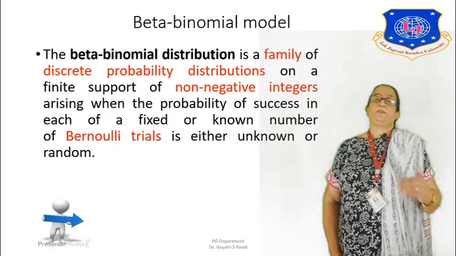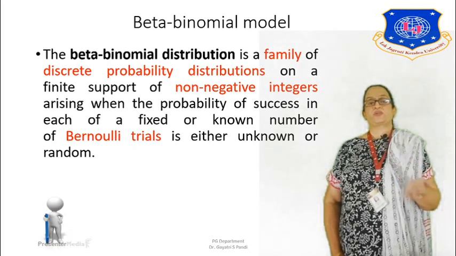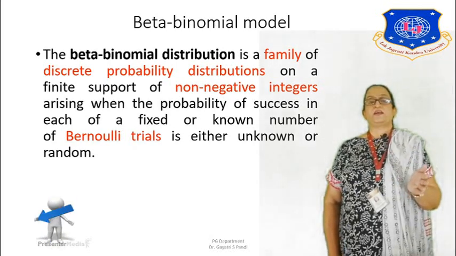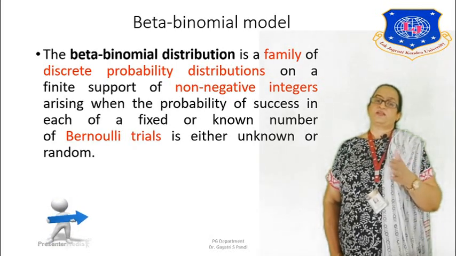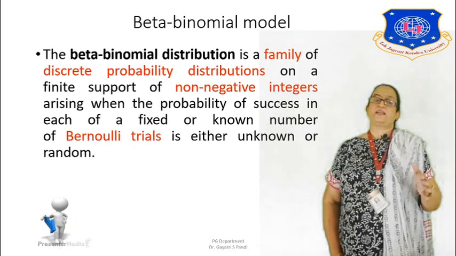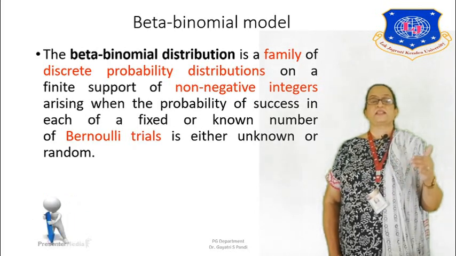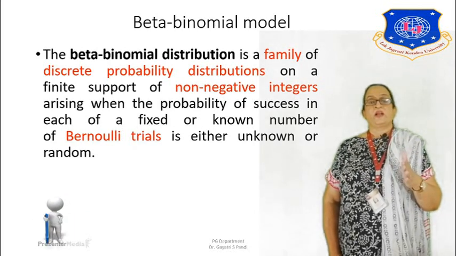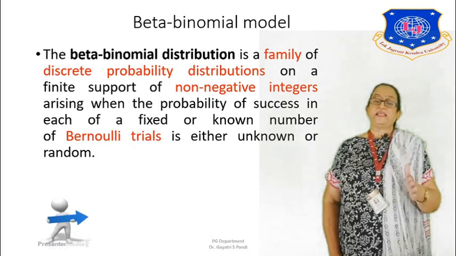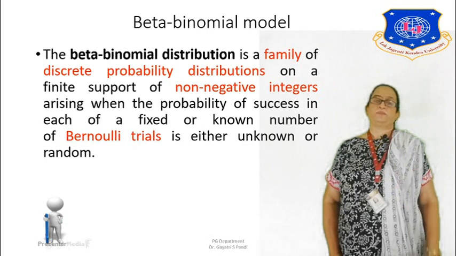Now let us see the beta binomial model. This is basically a family of discrete probability distributions on a finite support of non-negative integers, arising when the probability of success in each of a fixed or known number of Bernoulli trials is either unknown or a random number.